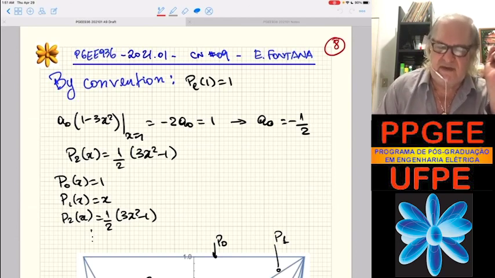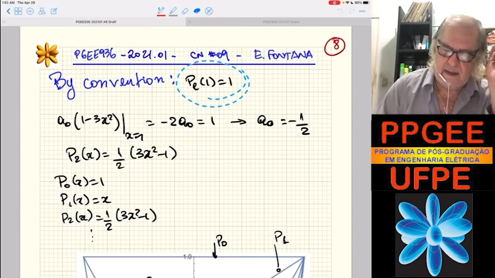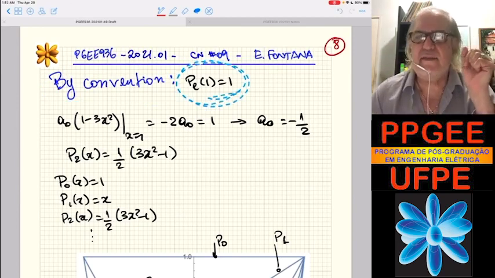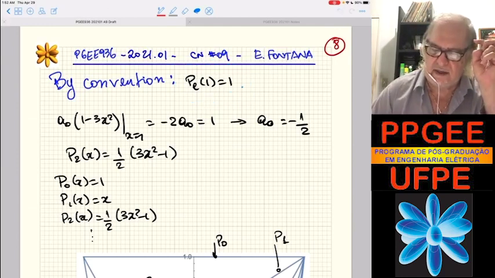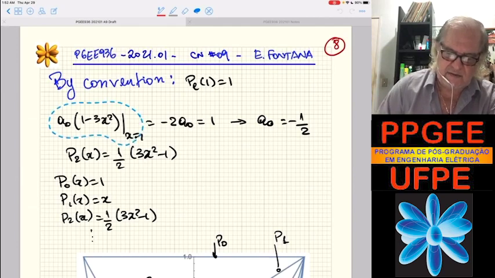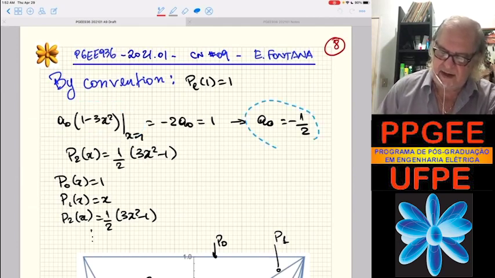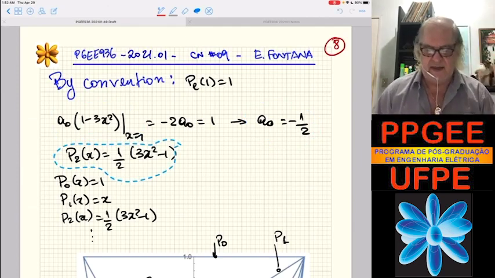So by convention, we set the Legendre polynomial at x equals 1 equal to 1 always. If you do that, for instance for P2, we can calculate a0. a0 would be minus 1/2.